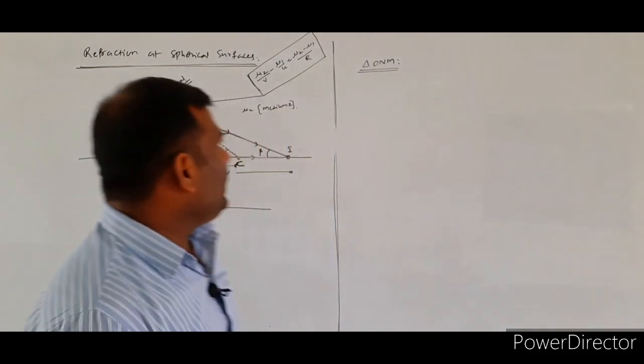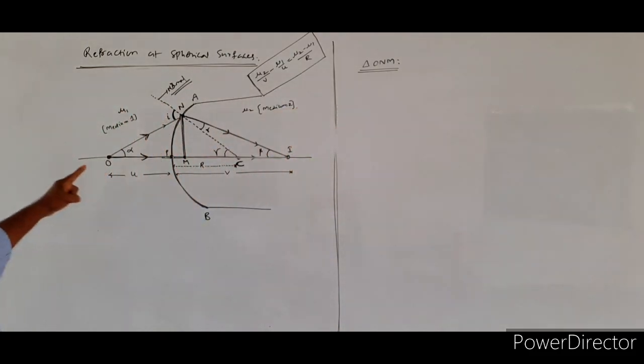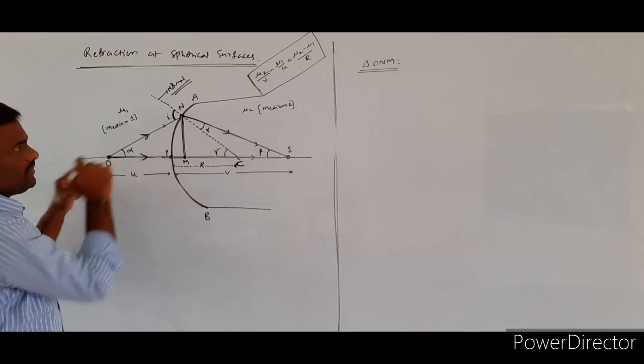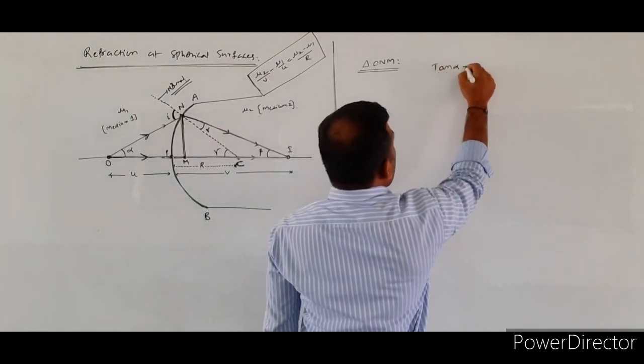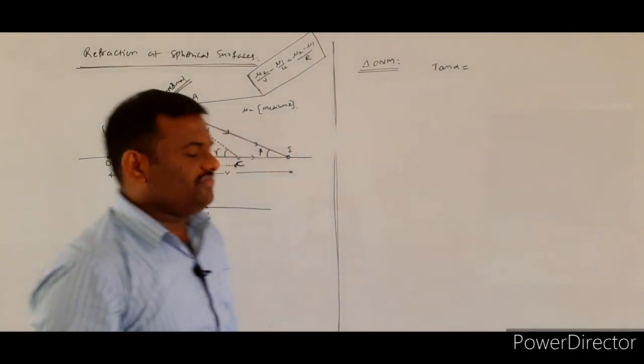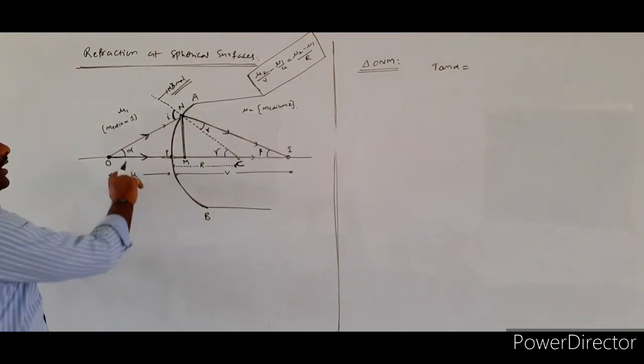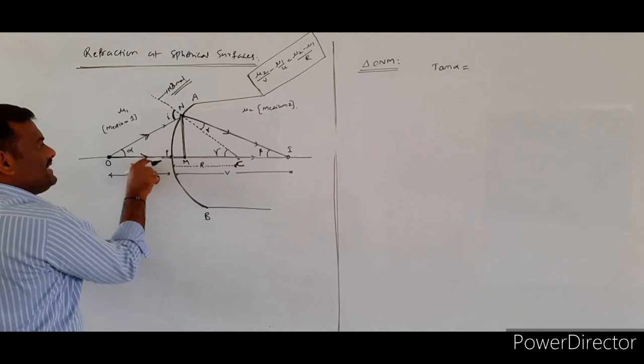Now coming to the triangle ONM, I am calculating the value of tan alpha. Tan theta is equal to opposite side by adjacent side.